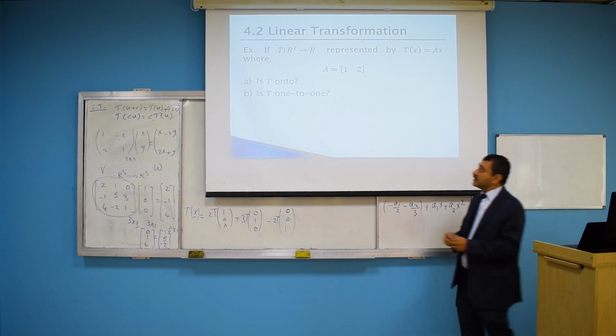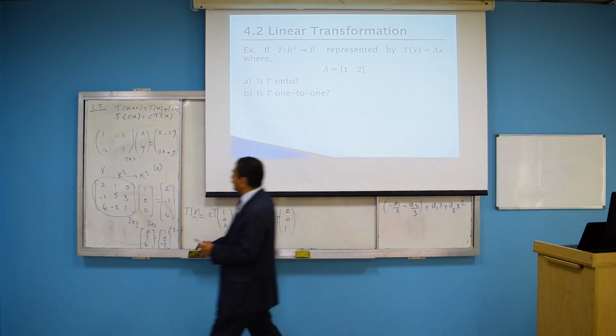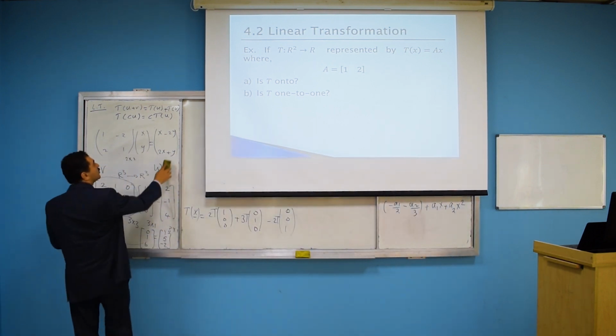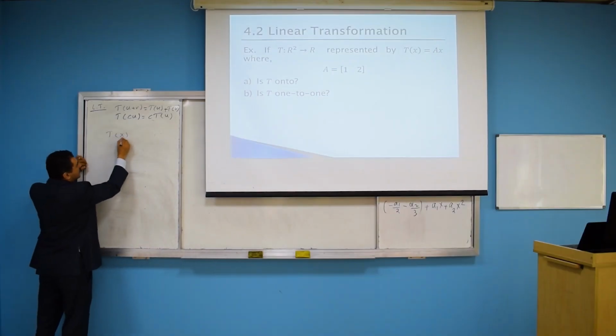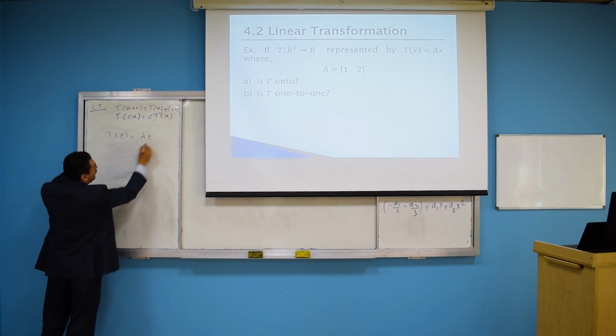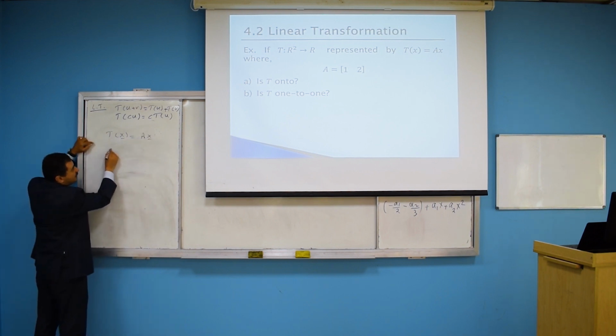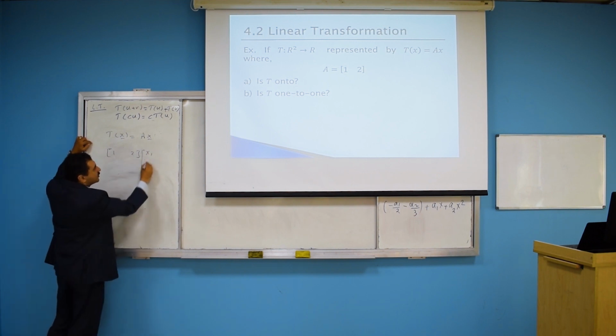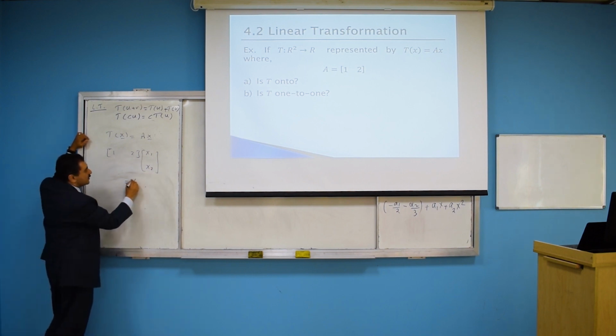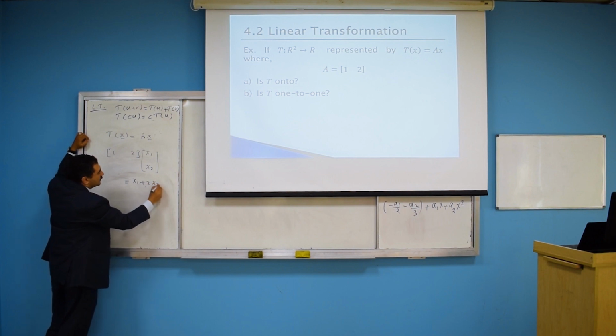If you look at this matrix transformation, it maps vectors from R2 to R. So for example, T of x equals Ax, where A is [1, 2] and x is a general vector x1, x2. The output would be x1 plus 2x2.